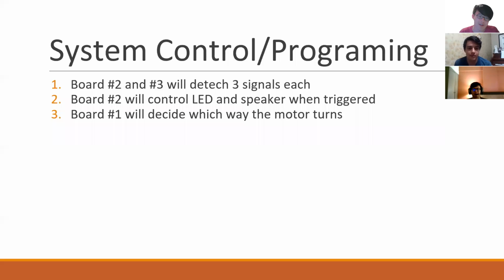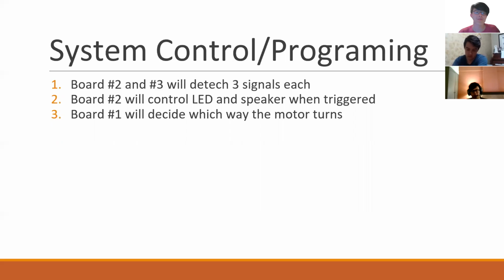Okay, next up, I'm going to talk about the system control and programming. Board number 2 and board number 3 will each detect 3 signals. Board 2 is the 3 in front, and board 3 is the 3 on the back.